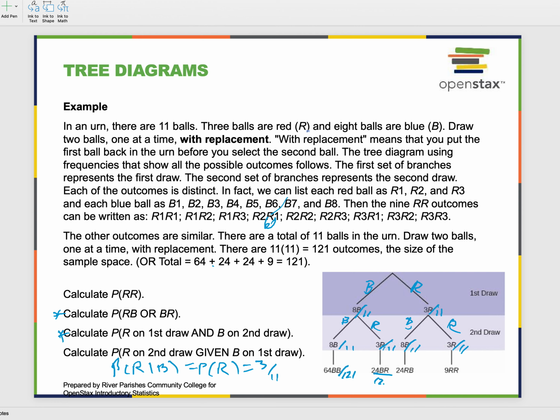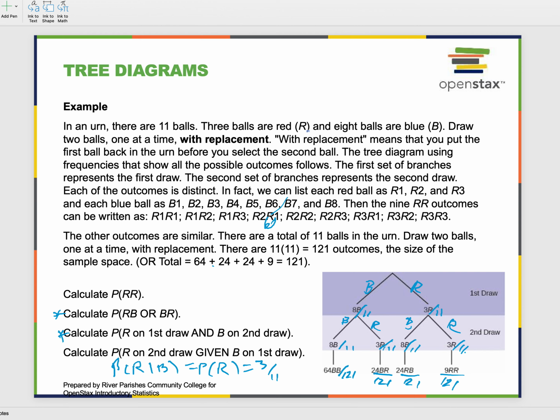So the probability of getting a red is 3/11 times 3/11, which is 9/121. The probability of getting a red first and then a blue is 24. See, these two are the same. It's just going to be 2 times 24 over 121, or it becomes 48 over 121. And the probability of getting blue is 64 out of 121.